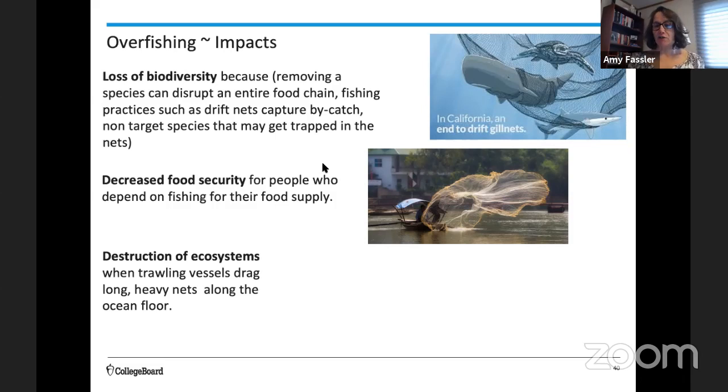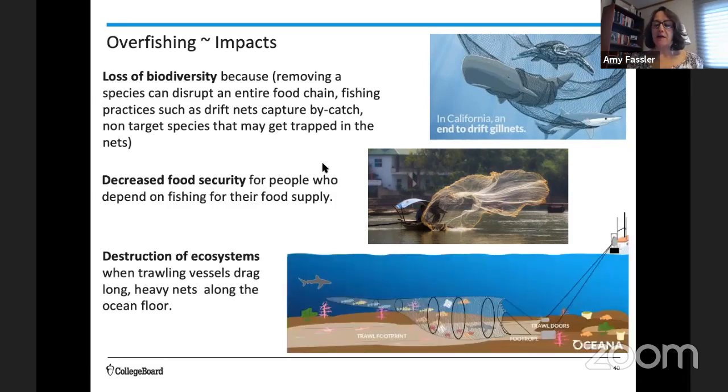And the destruction of ecosystems caused by these many different fishing techniques, but trawling, I think, is an easy one for kids to remember, where I drag that heavy weighted net along an ocean floor. I can destroy an entire coral reef. So not only am I netting fish, there's a lot of bycatch, that unintended species, and I am potentially destroying the habitat that's going to further prevent those populations from rebounding.